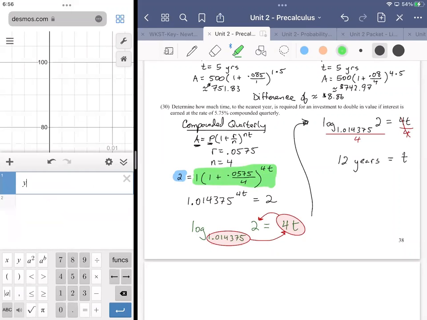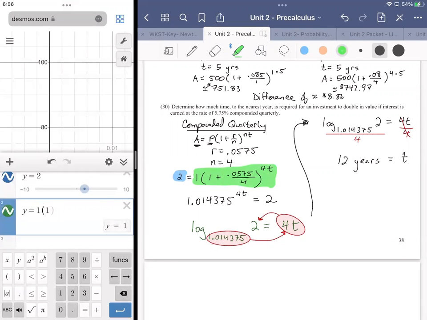All right, so y equals 2. Y equals 1 parenthesis. You really don't need the 1, but I'll put it in anyway. I want to keep it nice and hideous.